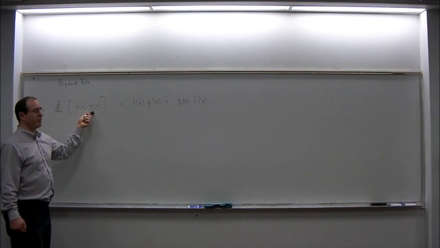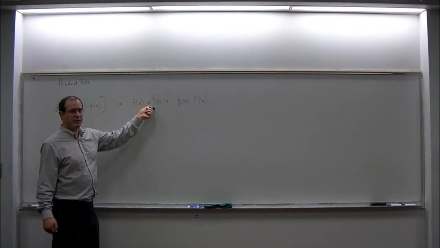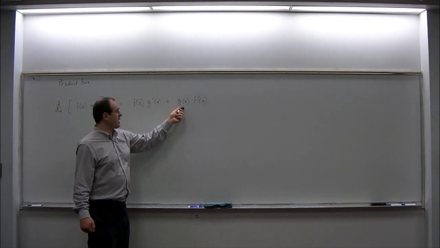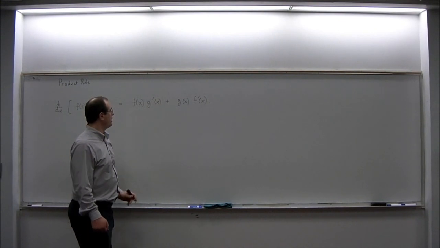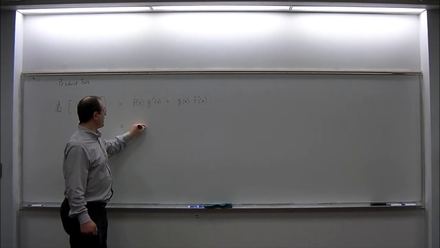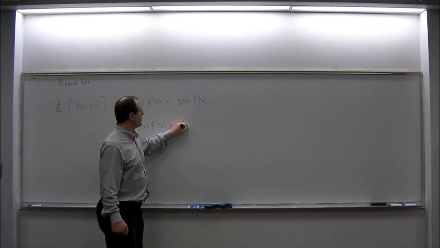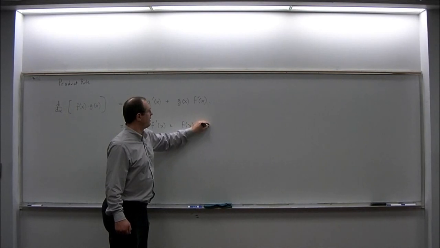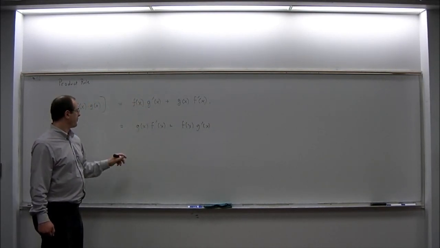So the derivative of a product is the first times the derivative of the second plus the second times the derivative of the first. And this formula is very friendly. If you switch these two and do the second times the derivative of the first plus the first times the derivative of the second, that's the same.